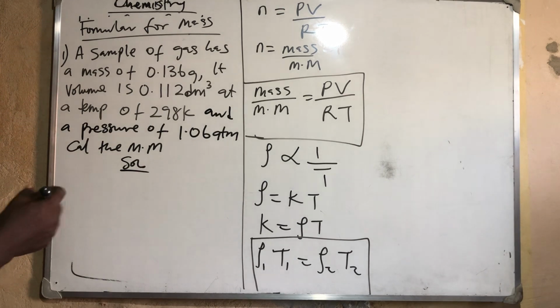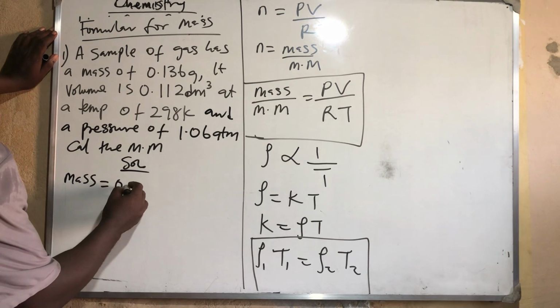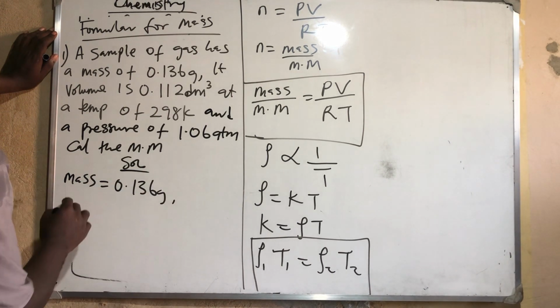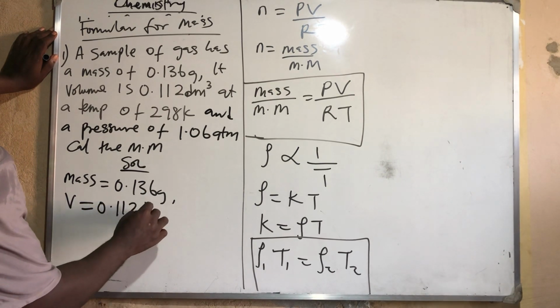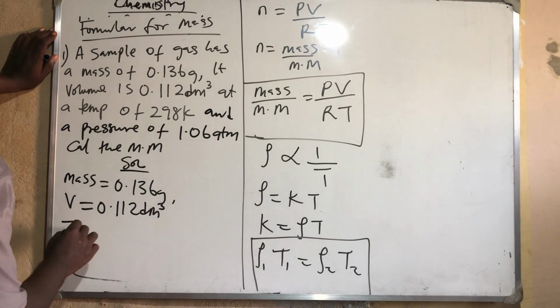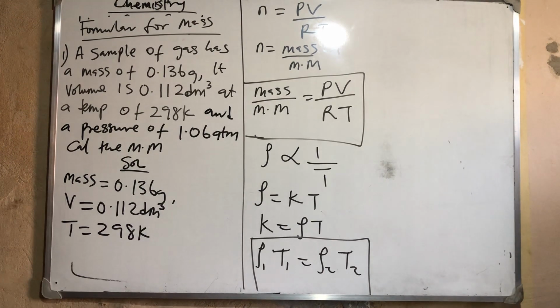We know that, let us get our parameters first. I know that mass is equal to 0.136 gram. Okay. And they gave us volume. Our volume is equal to what? 0.112 dm cube. Okay. They gave us temperature. Our temperature is equal to 298 Kelvin. Okay. Did they give us pressure?